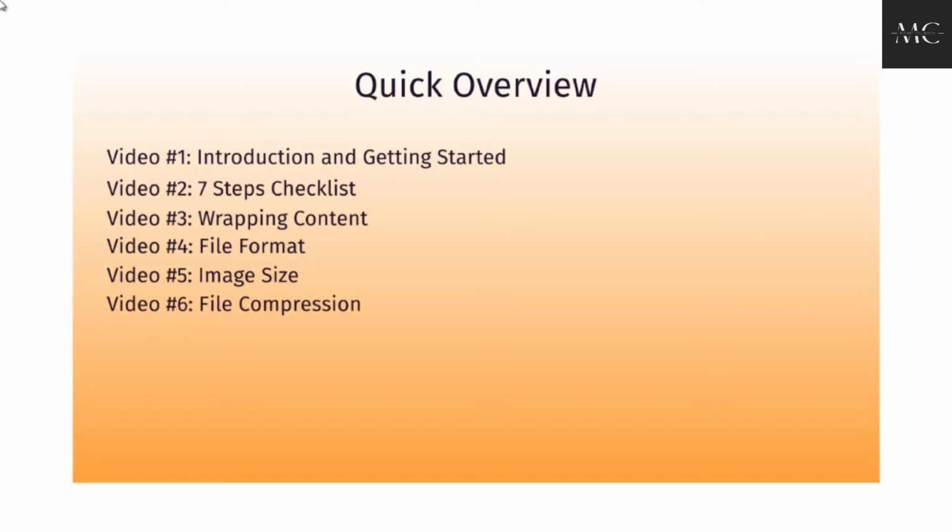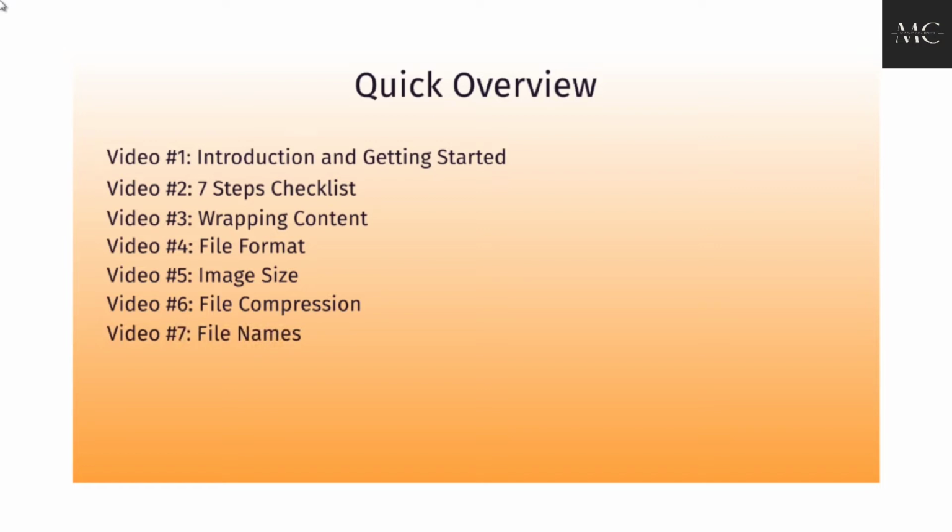Video number 6, we're going to talk about file compression, in other words, how to compress your files from, let's say, 1 megabyte and decrease it by 50%, which is 500 kilobytes. The goal here is to decrease the size of the image without losing too much of the quality, so that it can run faster when your visitors actually visit your site.